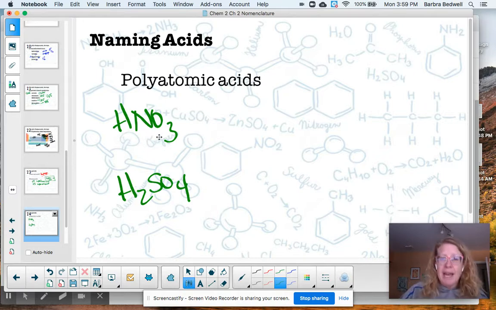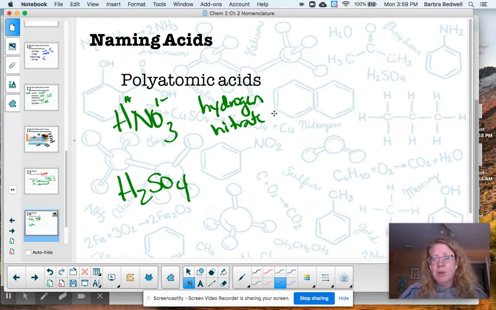Okay, nitric acid. This one makes sense because nitrate is a 1 minus, hydrogen's a 1 plus. So you can see our formula, 1 plus and 1 minus, they balance each other out. This would have been hydrogen nitrate. That would have been its original name. So when we write it as an acid name, we get rid of the word hydrogen that no longer appears. We're going to use the word acid instead.